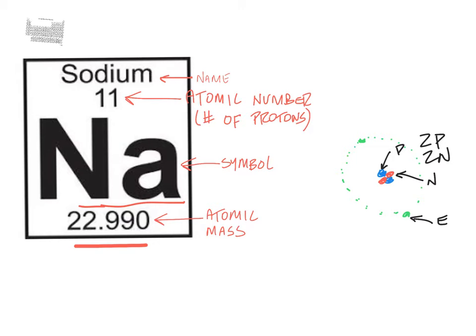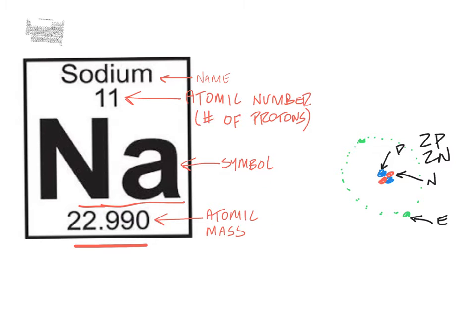So let's go back to what we were looking at over here, which is the atomic mass of sodium. If sodium has an atomic mass of 22.99, we can say basically that that mass represents, for the most part, the mass of the protons and the neutrons. One important thing to note is you might be asked, and when you start doing stuff like Bohr diagrams, you will need to do this, is you will need to take this atomic mass and convert it to what we call a mass number.